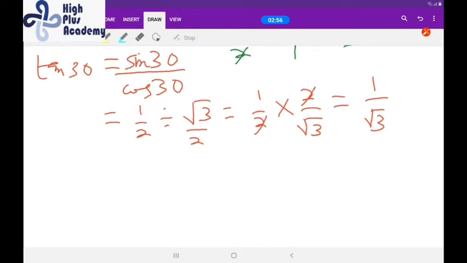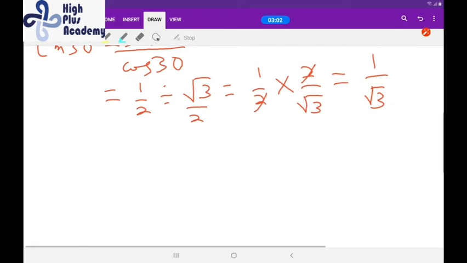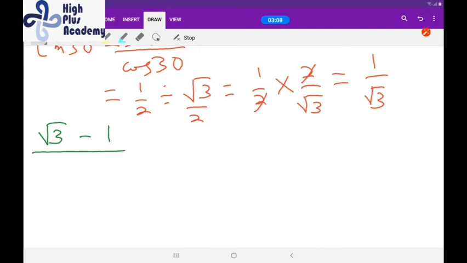So we have known the value of tan 60 and tan 30. So we can now move on from the question that we are given. Tan 60, that is root 3. Root 3 minus 1, everything over 1 minus tan 30, which is 1 over root 3. Remember from the law of surds, anytime you have a root in the denominator, you rationalize, and that will be times root 3 over root 3.